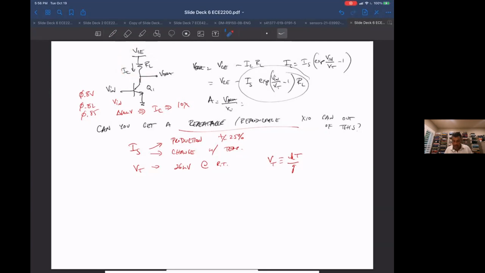So I'm going to leave you with that concept. It's not that this is not a usable circuit, it works great as a building block for an operational amplifier, and I'll talk about that now. Just leave with this thought that with this kind of circuit, you can get gain.